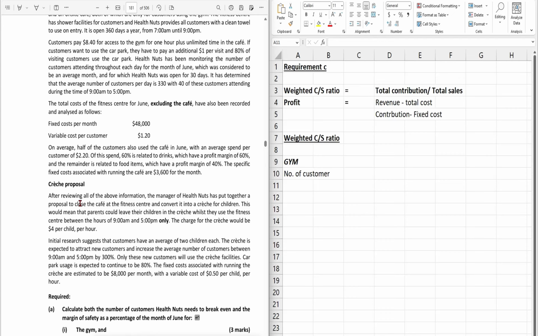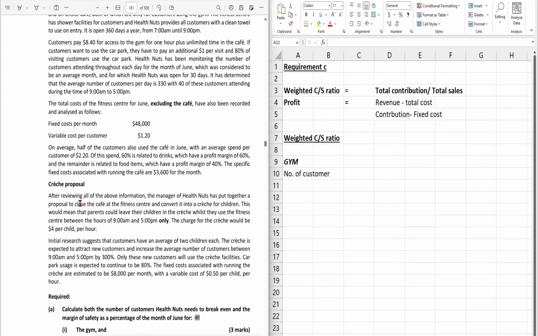Only these new customers will use the crèche facility. Car park use is expected to continue to be 80%, and the fixed costs of running the crèche are estimated to be $8,000 per month, with a variable cost of $0.50 per child per hour.